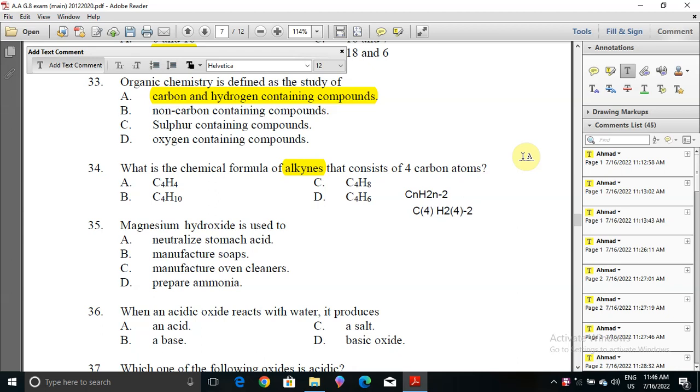Now first of all we have C4, then H 2 times 4 is 8, 8 minus 2 is 6. That means it will be C4H6. That means choice D is the correct answer.